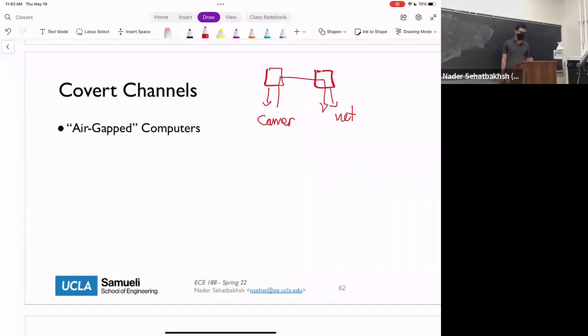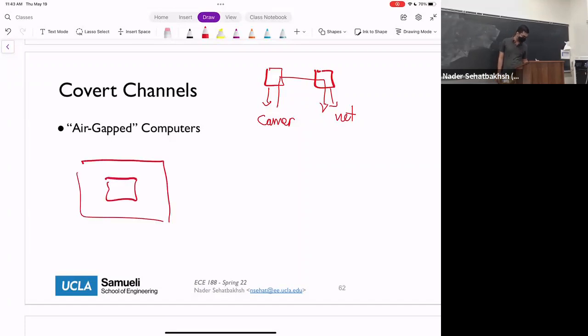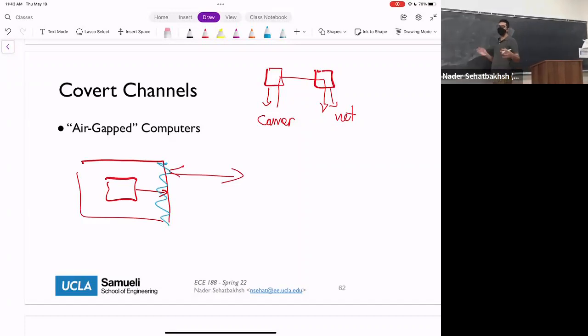So in the physical scenario, the idea is that you have a device, and this device is air gapped. So there is no connection to the outside world. This connection is blocked, so there is no internet activity.